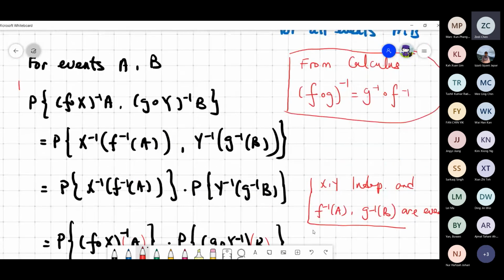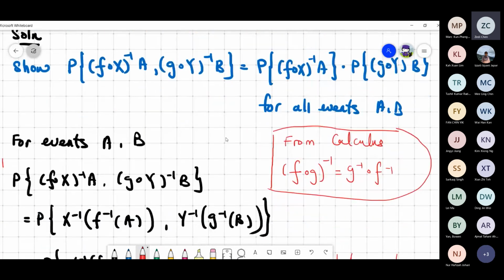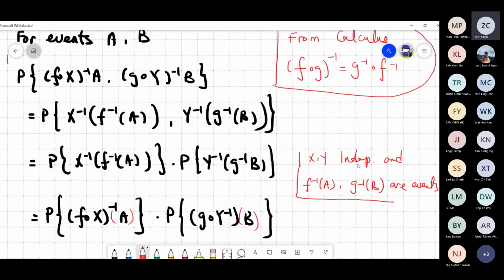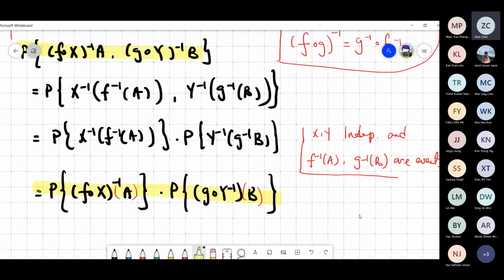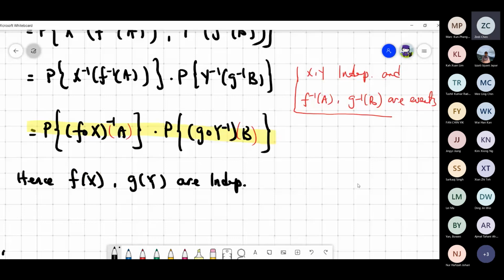The purpose was to show that this left-hand side equals this right-hand side. Once we have verified this, we can conclude: hence, f of x and g of y are independent.